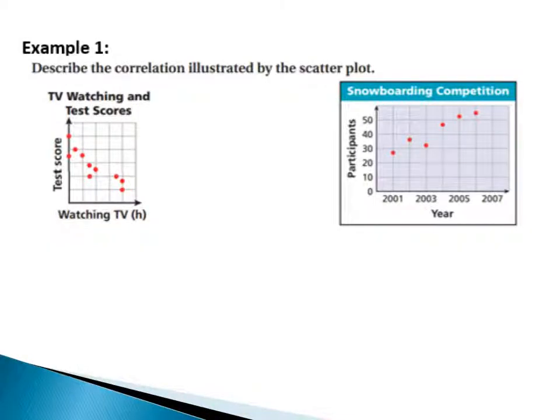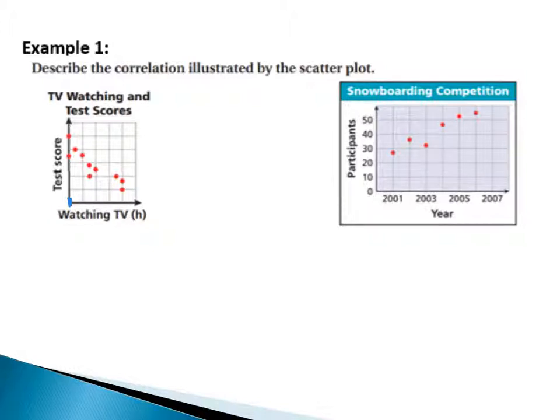All right, so let's take a look at two examples here. First one I have TV watching and test scores. So you can assume here we have watching TV, which is shown in hours, and test scores, and we have a bunch of points plotted here. What I want you to be able to do from this graph is to simply describe the correlation or the relationship between the data points. So what do we see? Well, we see that as we have TV hours down over here in the low realm.